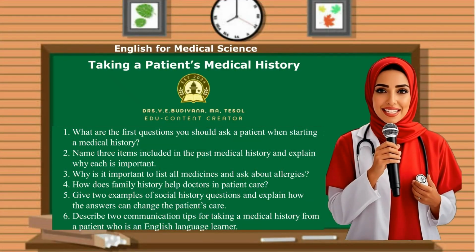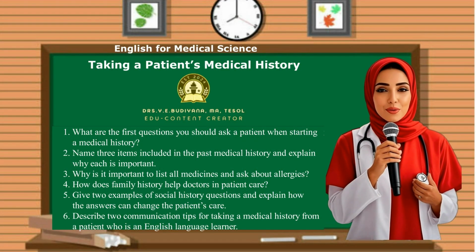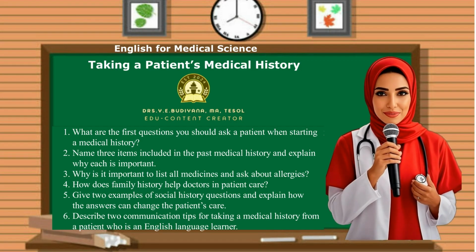Now that you have listened to the lecture, let's check your understanding with some open-ended questions. Comprehension questions. 1. What are the first questions you should ask a patient when starting a medical history? 2. Name 3 items included in the past medical history and explain why each is important. 3.